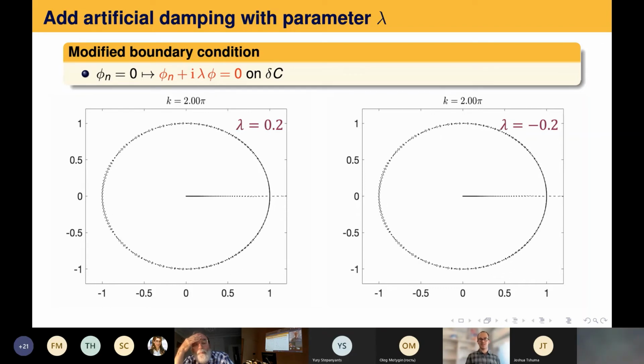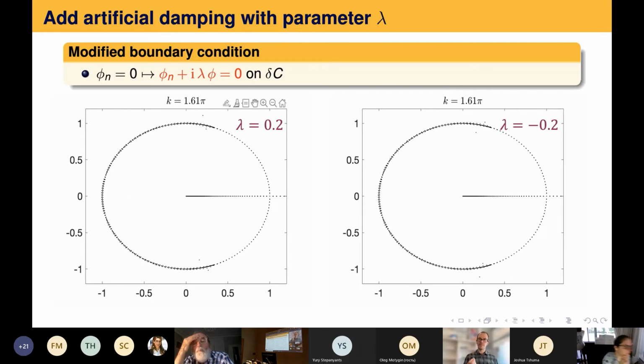So I was stuck until I had my own very small eureka moment, which was to modify the boundary condition on the cylinder to introduce some artificial damping with damping parameter lambda. What the damping does is push half of the discrete spectrum away from the unit circle, and away from the continuous spectrum.